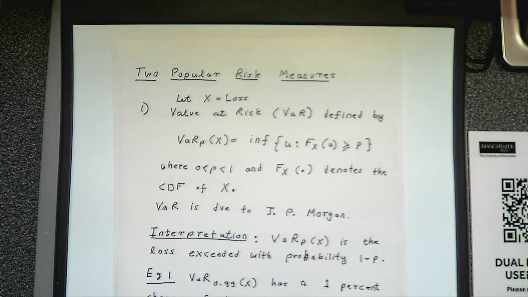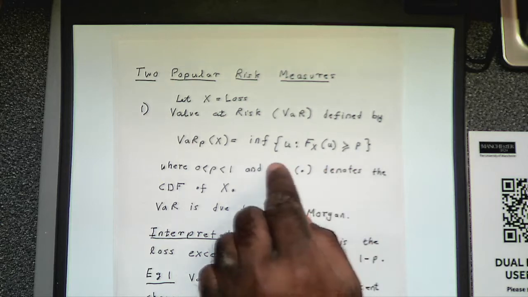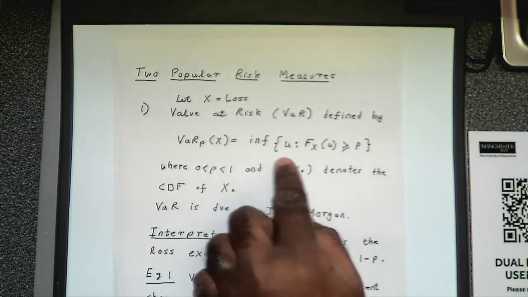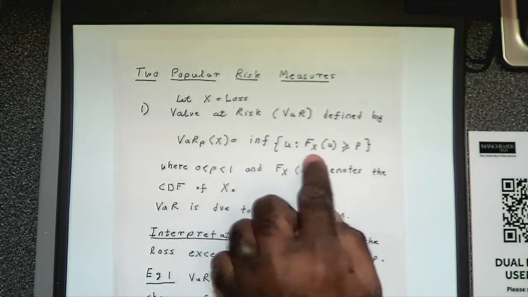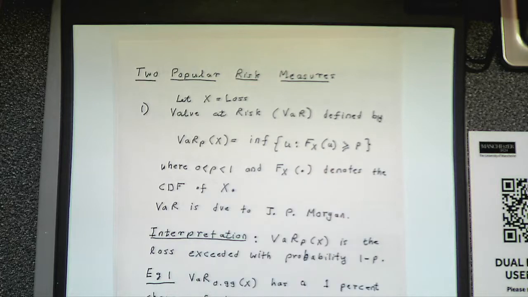So p is obviously a number between 0 and 1, and F_X denotes the CDF of X. This is one of the most popular risk measures. I think it was due to J.P. Morgan, which is an American company, I'm sure you know. Now this looks complicated. If you are scared about mathematics, don't be worried about this. I will give you a simpler formula later on.